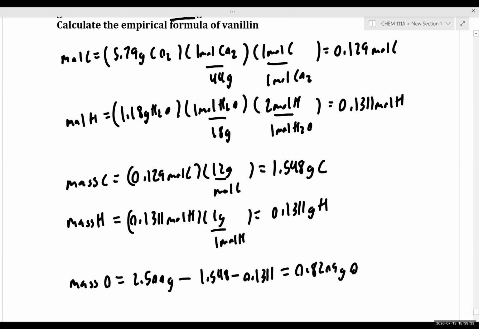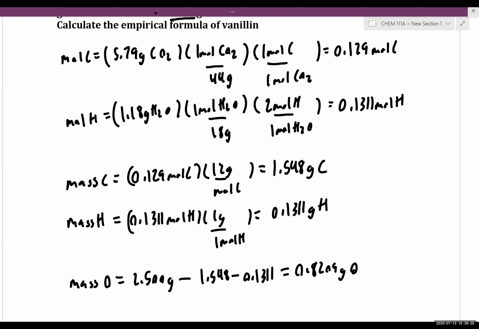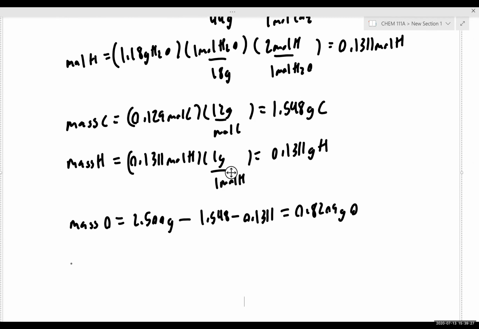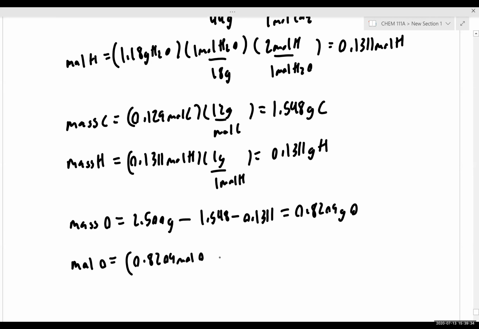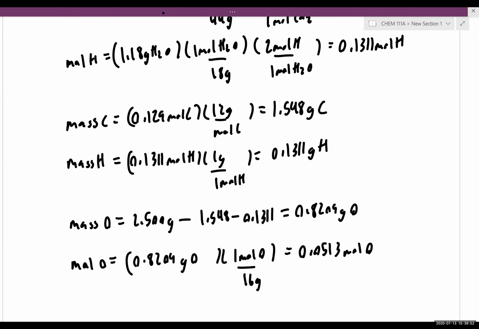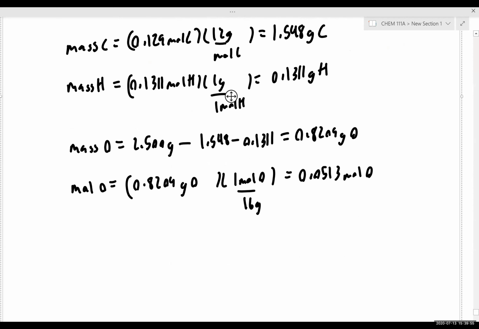That in turn gives us, after we punch this into the calculator, 0.8209 grams of oxygen. Now that we have the mass of oxygen, we can calculate the moles of oxygen by taking 0.8209, oh no, sorry, that's grams. So grams of oxygen times 1 mole of oxygen per 16 grams. That in turn gives us 0.0513 moles of oxygen. Now let's punch this into our calculator.